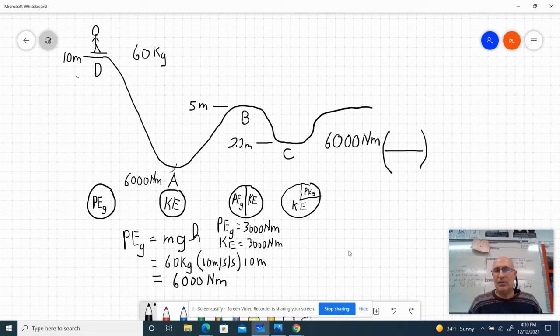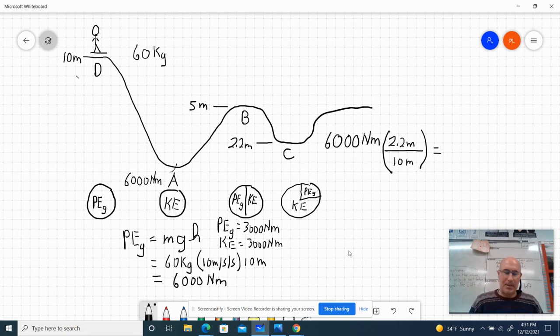At 2.2 meters, it's going to have 2.2 meters worth of gravitational potential energy compared to 10 meters here. Okay, so I know I need to make that smaller. I know my 6,000 Newton meters is going to be smaller to get the amount of gravitational potential energy at C. So I'm going to use that ratio, 2.2 meters to 10 meters.